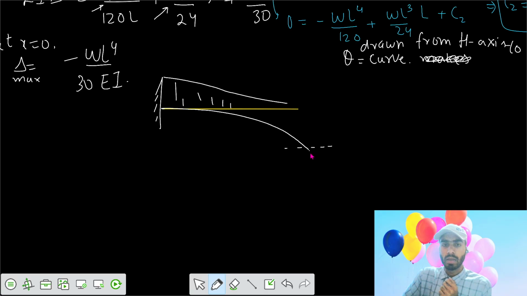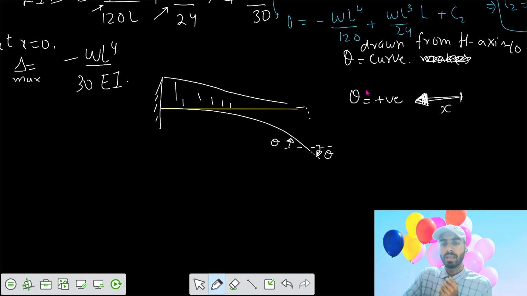Let's say from the horizontal axis this is your theta, so your theta is clockwise here. If theta is clockwise, it becomes positive when you calculate the moment equation, where x is going from this side to this side.